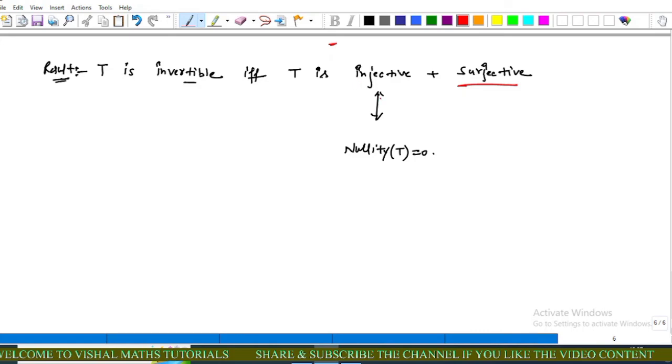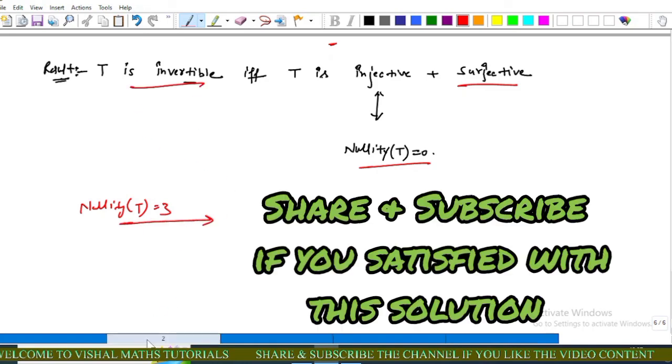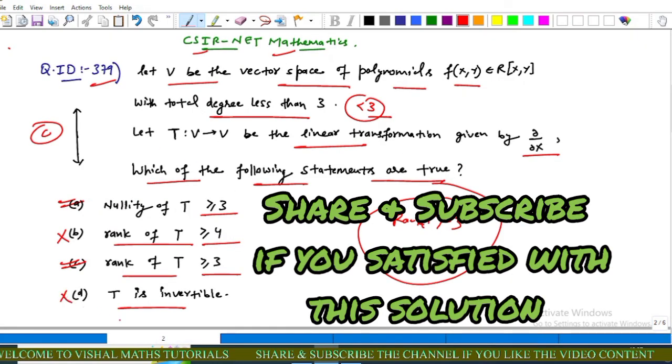Now T is injective means nullity of T = 0, but for this question we have nullity of T = 3. This implies that T is not invertible, that is option D is incorrect. So for this question, options A and C are correct, and options B and D are incorrect.